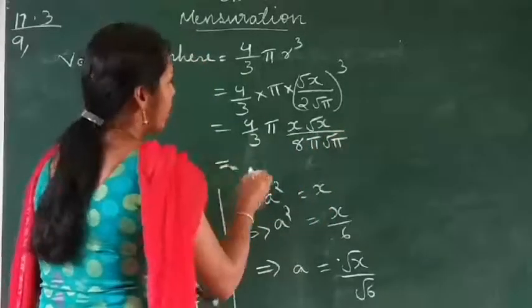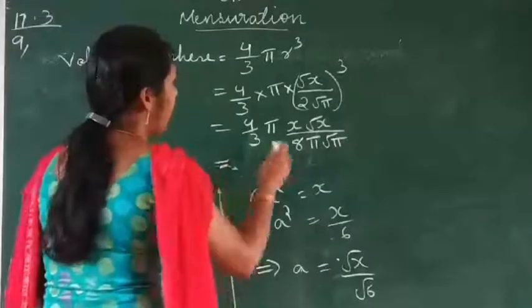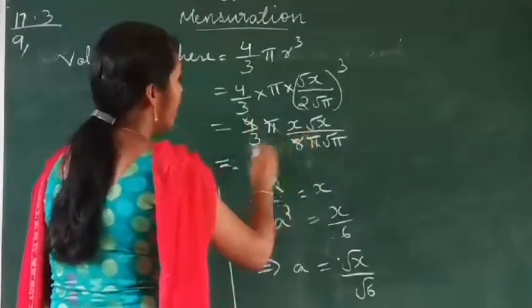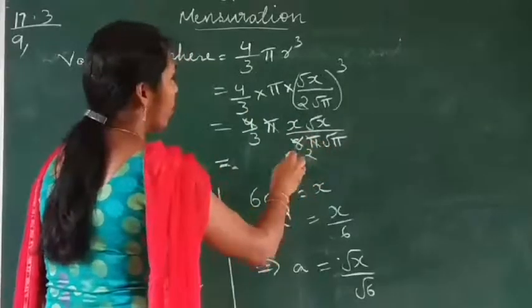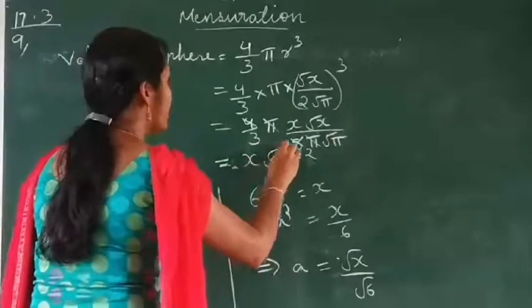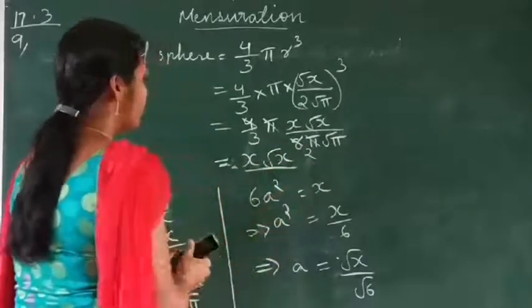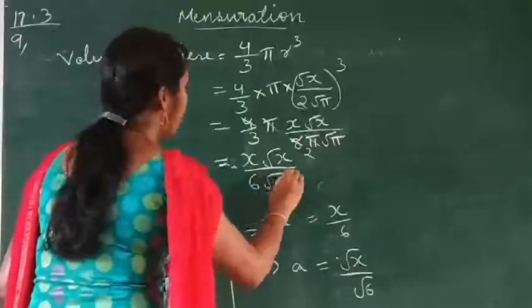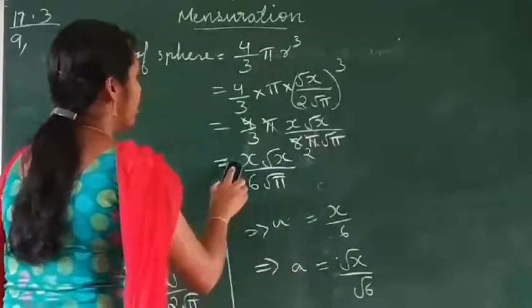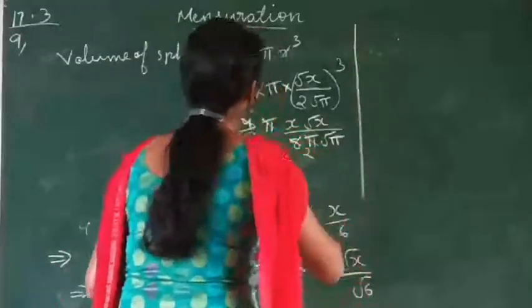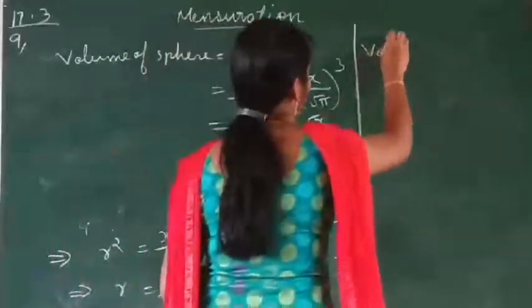That can be simplified. π and π can be cut, then 4 and 8 can be cut, here it will be 2. And so we get x root x by 6 root π. This is the volume of the sphere. Now similarly we can find out the volume of the cube.